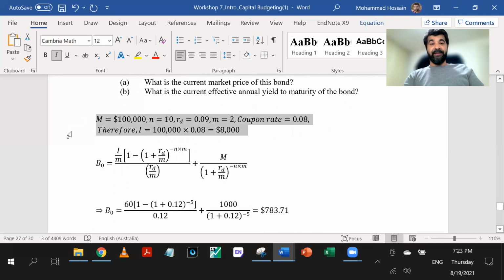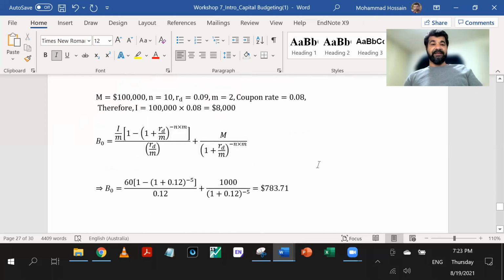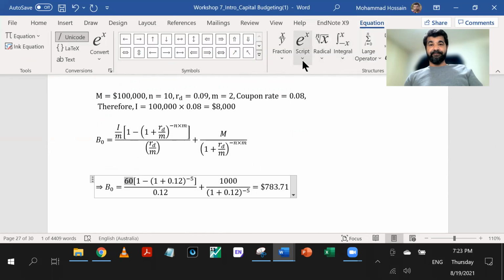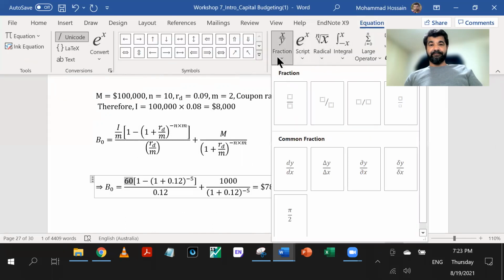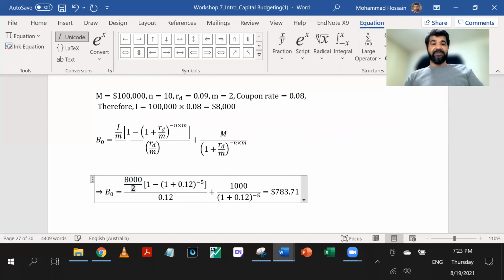These are the data we have. Now this is the formula you're going to apply again. In this case, it's not going to be 60 anymore, it will be 8,000 now. $8,000 divided by 2.